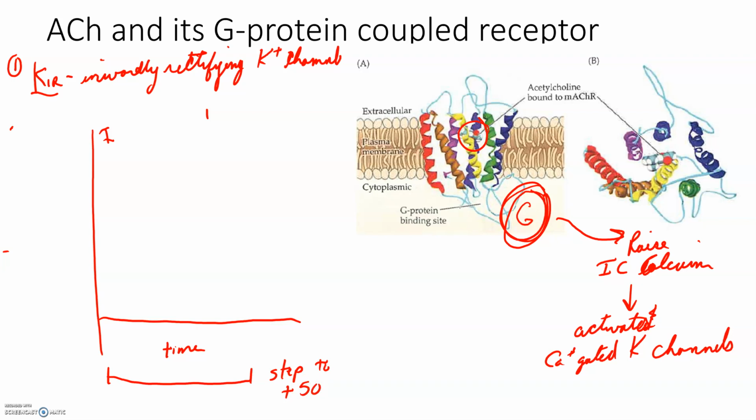Now, under normal conditions, you would think about what that does. Well, potassium would like to be at minus 90. And so opening potassium channels allows the positively charged potassium ion to leave the cell. And that's what happens.